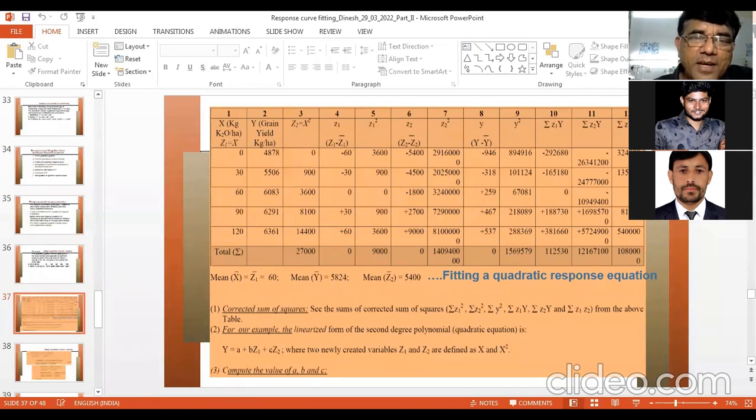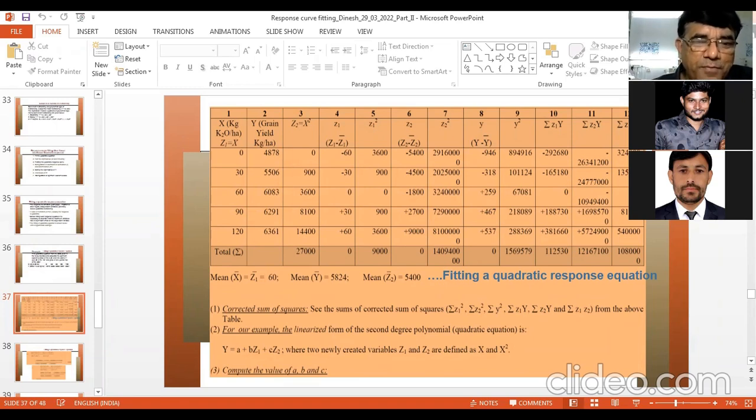Now you are fitting the equation. So first is to calculate the corrected sum of square. Certain corrected sum of squares are to be calculated, like in case of linear relationship. So sum of square are summation Z1 square, Z2 square, Y square, Z1 capital Y, Z2 capital Y. So many parameters you need to calculate.